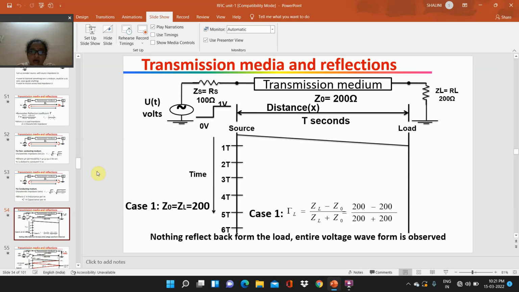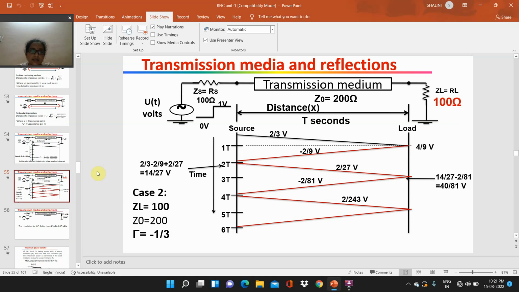So gamma L is equal to, we know the formula, ZL minus Z0 by ZL plus Z0, so 200 minus 200 by 200 plus 200. Gamma L is equal to 0, since 0 by anything is equal to 0.